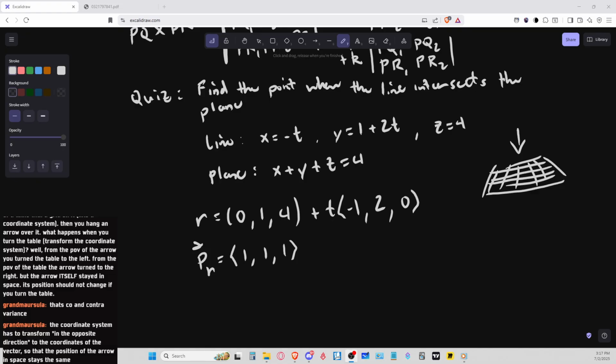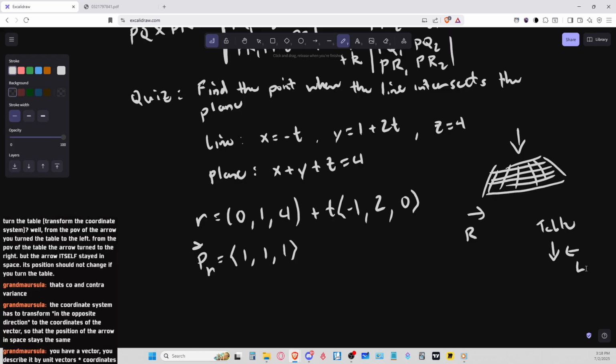The arrow stays in its place while the grid, the table, moves in a different direction. If we move the table to the right, then from the table's perspective the arrow is to the left, and from the arrow's perspective the table is moving to the right.